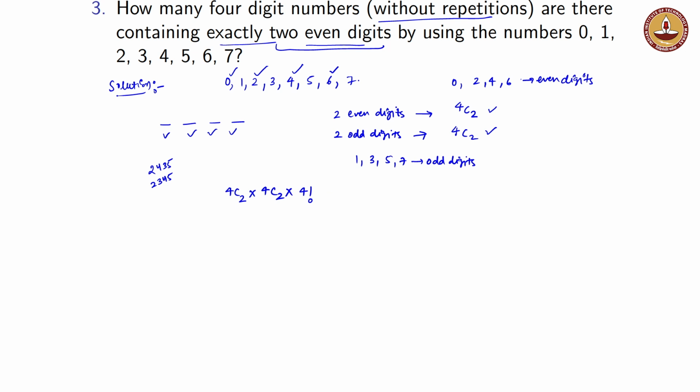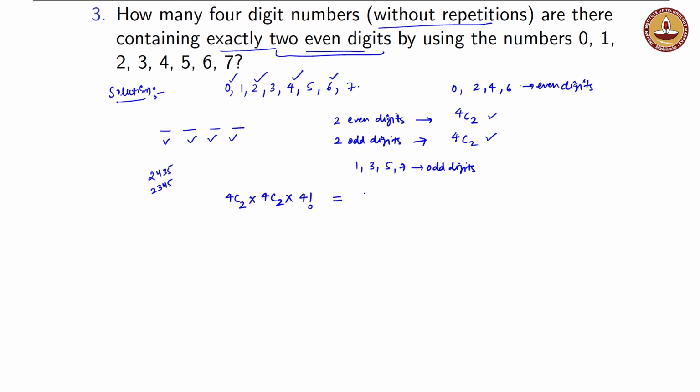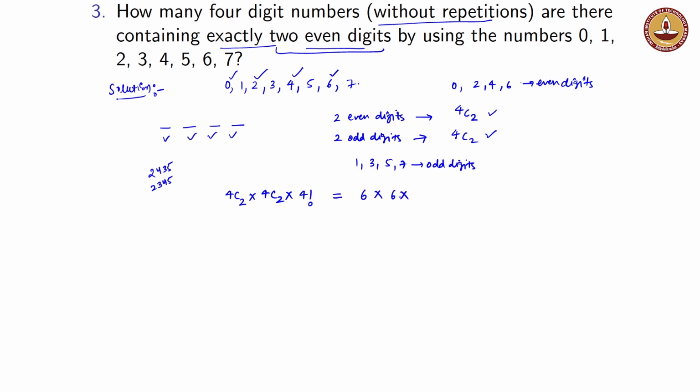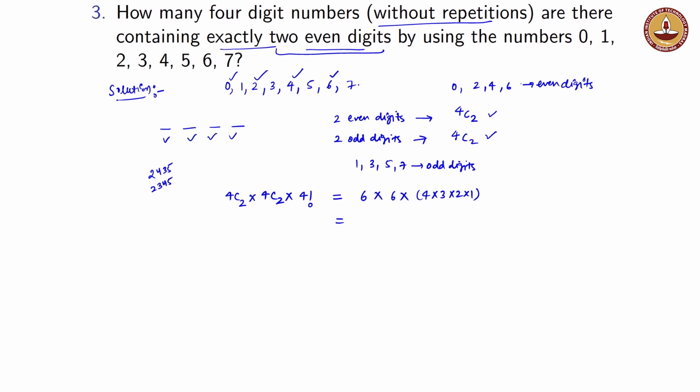If we solve this, 4C2 will become 6, and again 4C2 will become 6, and 4 factorial is 4 into 3 into 2 into 1, so it will be 36 into 24, which is nothing but 864.